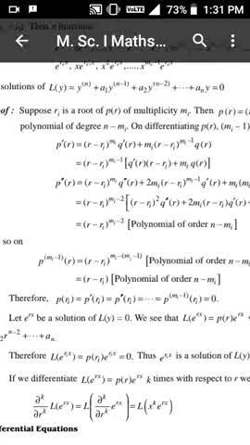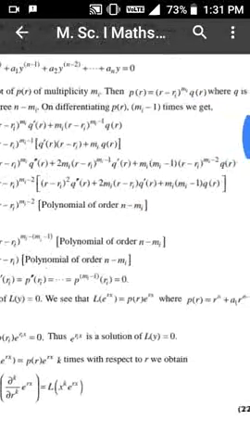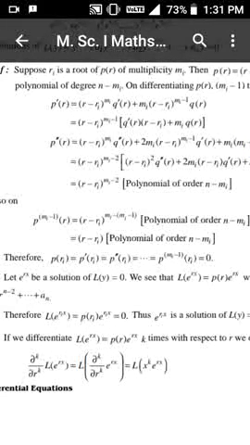Now differentiating P of R, we get P dash of R is equal to R minus Ri raised to mi Q dash of R plus mi into R minus Ri raised to mi minus 1 Q of R, which is equal to R minus Ri raised to mi minus 1 times R minus Ri Q dash of R plus mi Q of R.